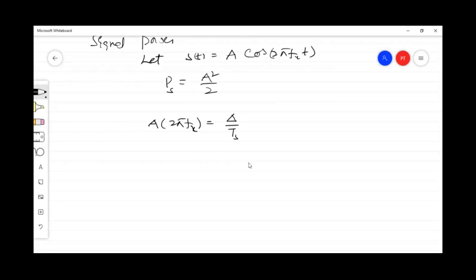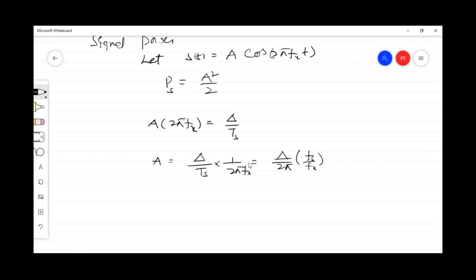Ts. Now, what about amplitude? Amplitude should be del by Ts into 1 by 2 pi fx, and this should be equal to del by 2 pi into fs by fx, since 1 by Ts is nothing but fs. We can write it like this.